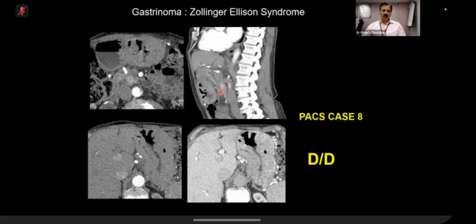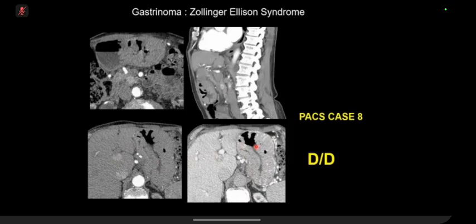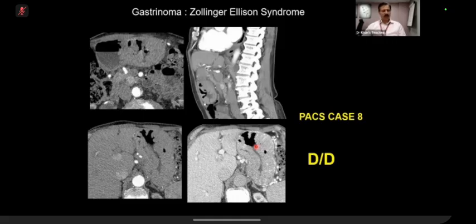And with that, there is an enhancing nodule in the liver, which shows washout. And if you see the stomach, the rugal folds of the stomach are thickened. So the idea here is to learn what is happening.